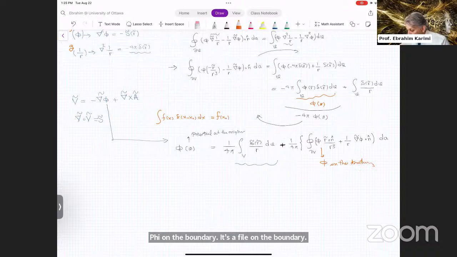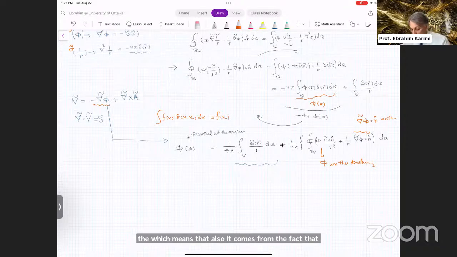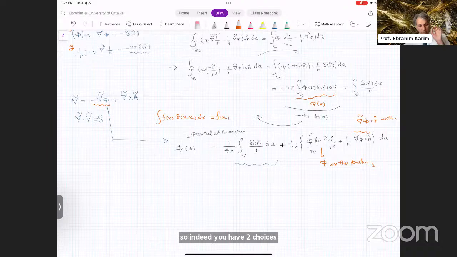Or what you need also is the gradient of phi dot n on the boundary, which comes from the normal of the vector. So indeed, you have two choices to determine phi in general.